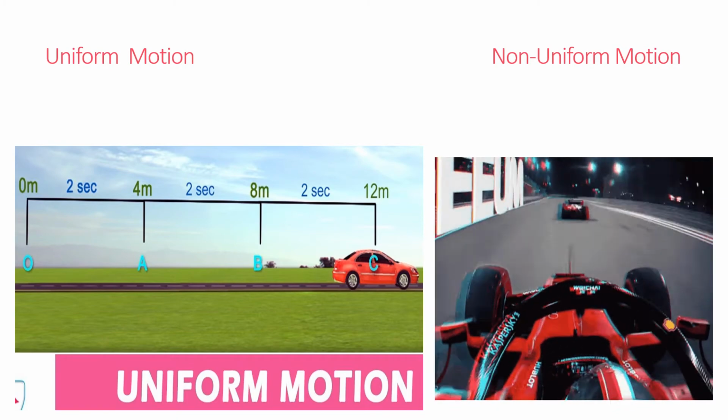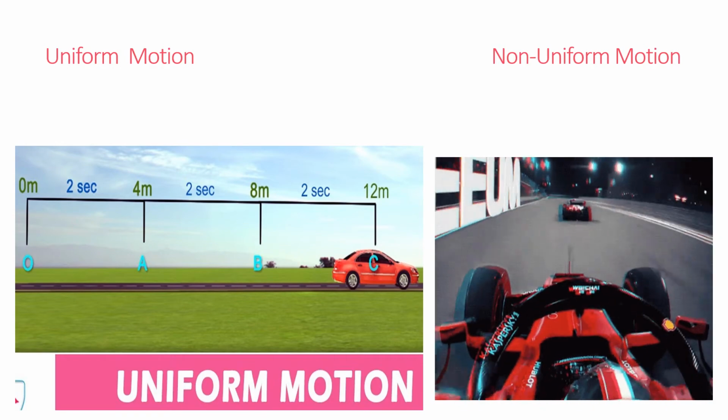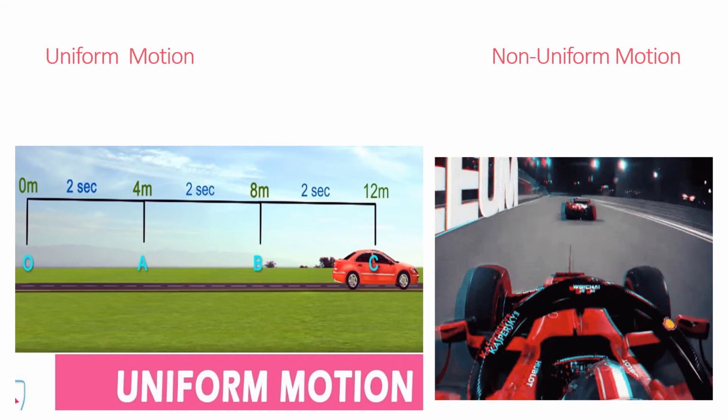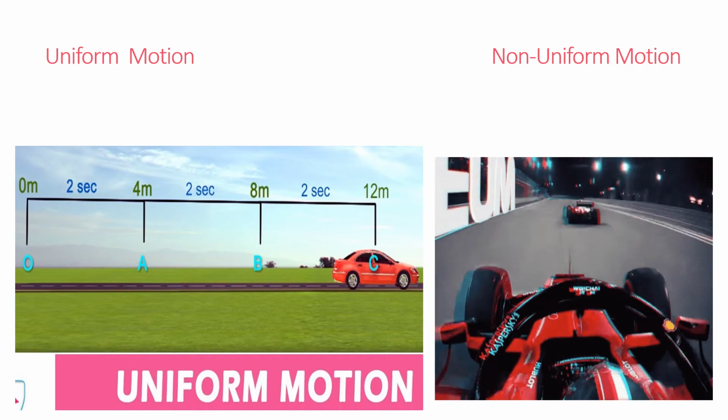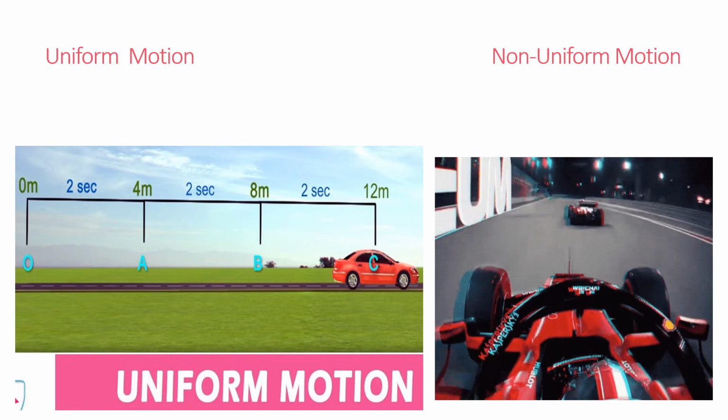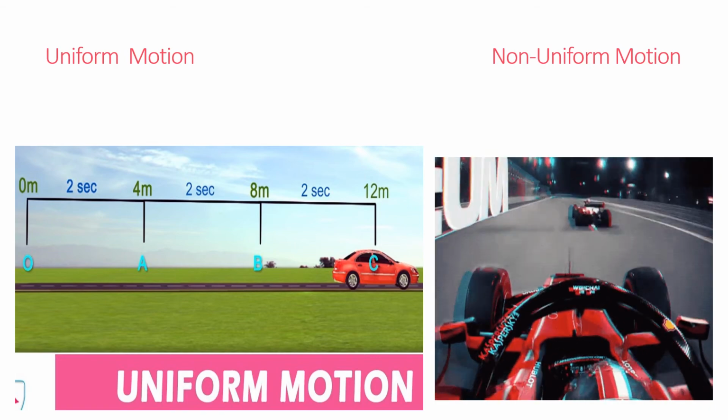Here, in the example on your left side, the car covers a distance of 4 meters every 2 seconds. So it is said to be in uniform motion. But in the example on your right side, the speed of the racing car keeps changing, so its motion is said to be non-uniform.